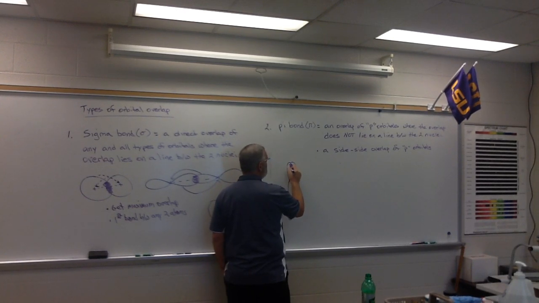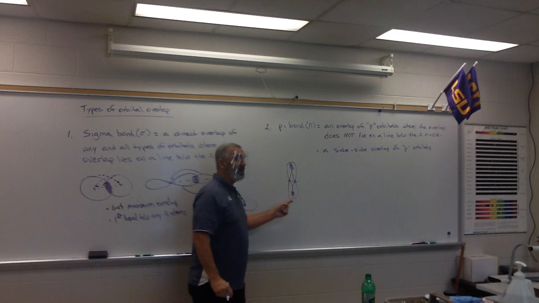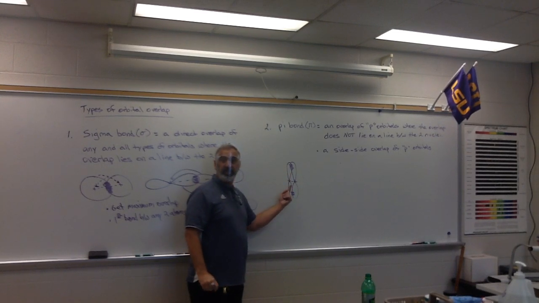So we get the overlaps up here, the overlaps up here, here's the nucleus. When you draw a line between the two nuclei, the overlap does not lie on a line between the two nuclei. Now only p orbitals can form pi bonds. s, d, f, hybrid orbitals, no other orbitals can form pi bonds. Only these.